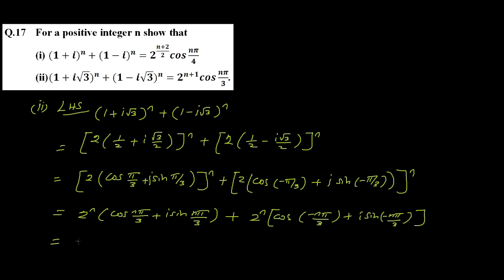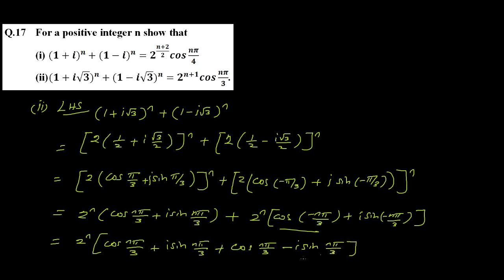Now take 2 to the power n common: cos n pi by 3 + i sin n pi by 3 plus cos of minus theta, that is cos theta, so cos n pi by 3, and sin of minus theta, that is minus sin theta, so minus i sin n pi by 3.